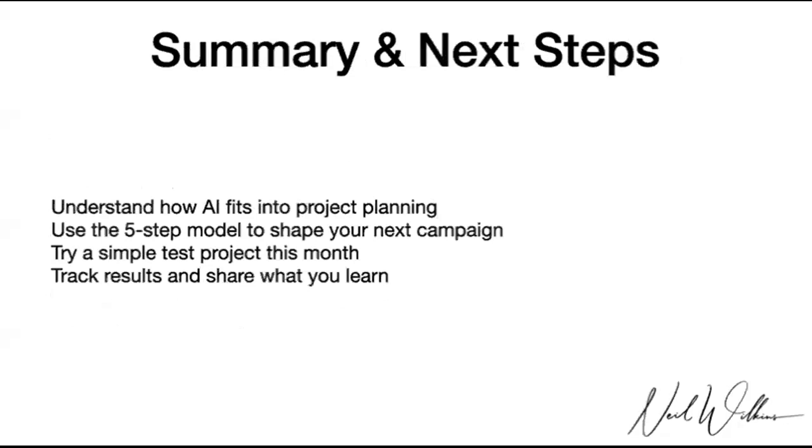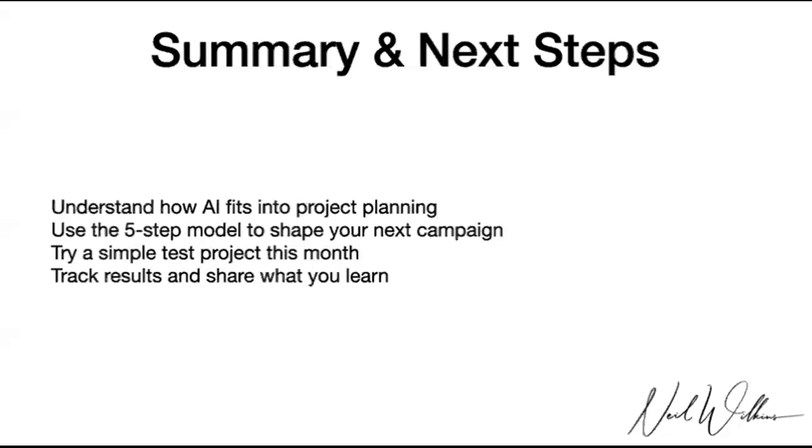So to summarize and to give you some next steps, what you should do very next from here onwards is understand how AI fits into your project planning. Think about your projects from the smallest to the very largest. Think about your campaigns and where AI could fit into those journeys. Use the 5-step model to shape your next campaign.